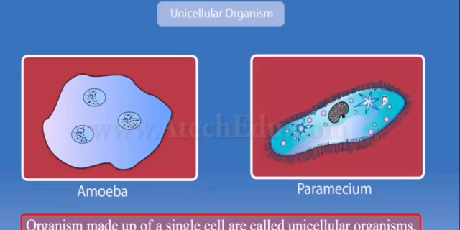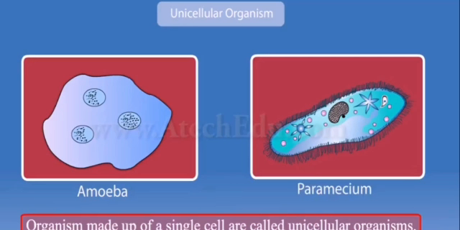Is it clear, Nana? So all of these basic functions of living beings like digestion, respiration, excretion, what else? Reproduction are performed by this single cell itself. Is it clear? For example, we have studied in our earlier classes about amoeba. Amoeba is a unicellular organism which you can see on the screen.